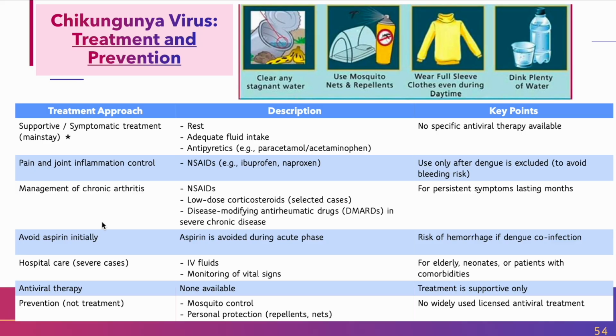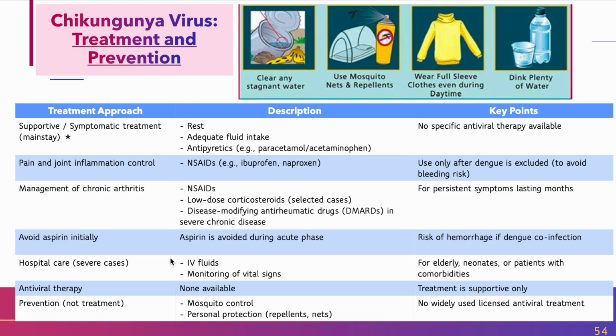For management of chronic arthritis, use NSAIDs, a low dose of corticosteroid in some cases, and anti-rheumatic drugs in severe chronic disease. Avoid aspirin during the acute phase.